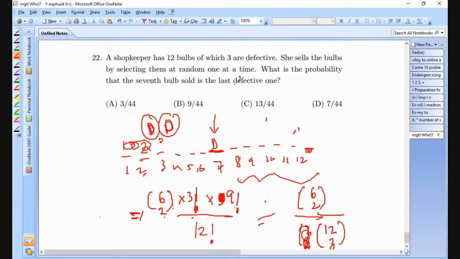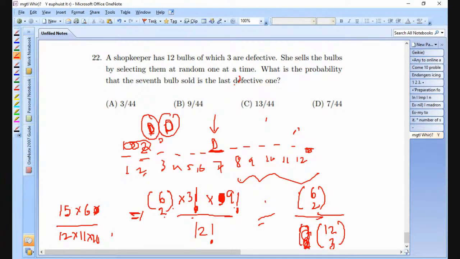Is it correct? Bhushan, is it correct? Okay, perfect. So let's check it out. 6 choose 2 is 15, into 6, into 9 factorial, over 12 into 11 into 10.